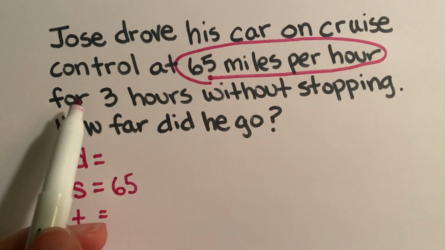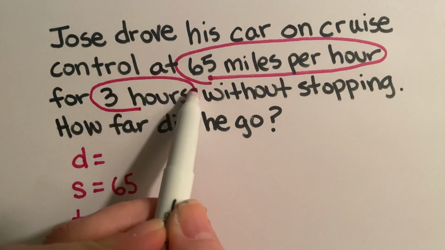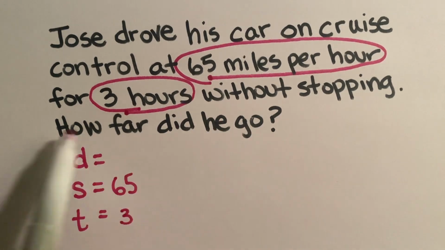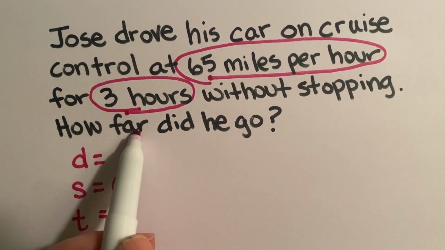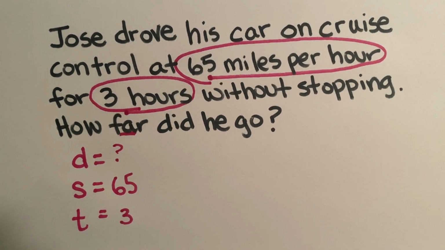As we read on, he does this for 3 hours. So is 3 hours a distance or a time? Well, I hope you're thinking it's a time. The question, how far did he go? How far? Well, that is a distance. So that's what we're actually going to find.